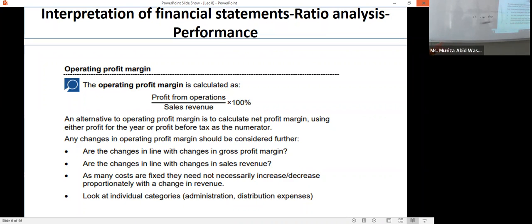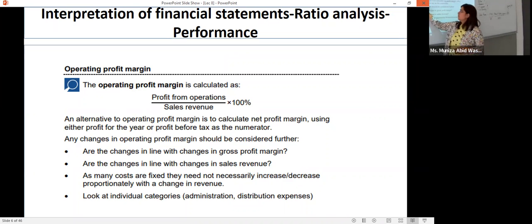or operating profit simply. So an alternative to operating profit margin is to calculate net profit margin using either profit for the year or profit before tax as a numerator. Students, instead of operating profit margin, you can use net profit margin as well, in which case the formula will become profit after tax, that is the net profit for the year, divided by sales revenue multiplied by 100.